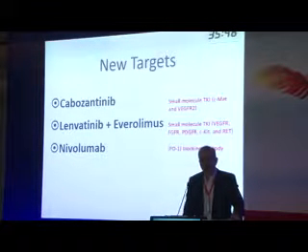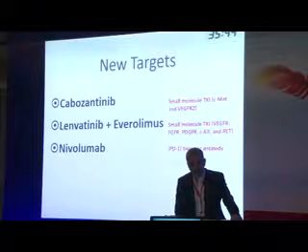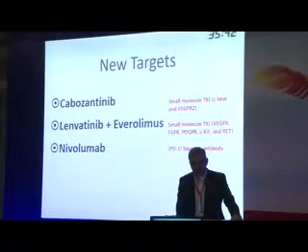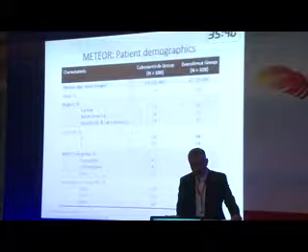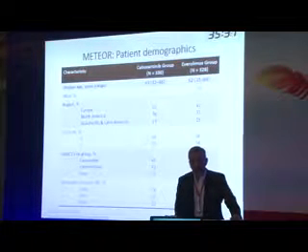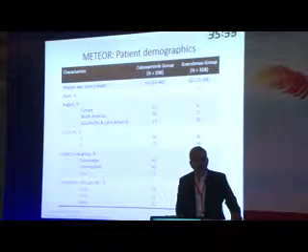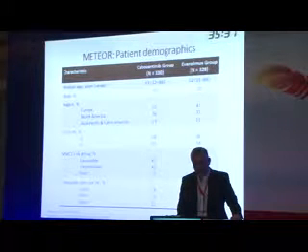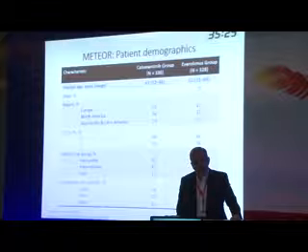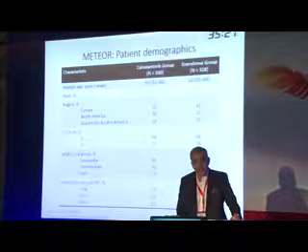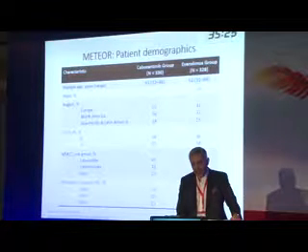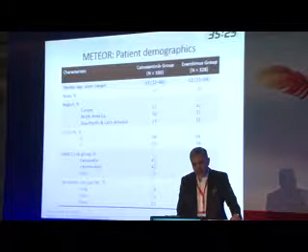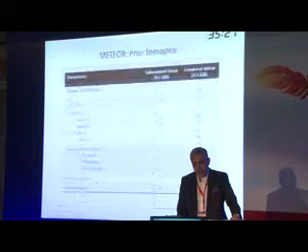We mentioned these data before, the cabozantinib, nivolumab, and nivolumab. We'll go through them fast, and then see how we can probably select our patients according to these data. METEOR was a trial of a tyrosine kinase inhibitor with MET efficacy in addition to VEGFR inhibition.